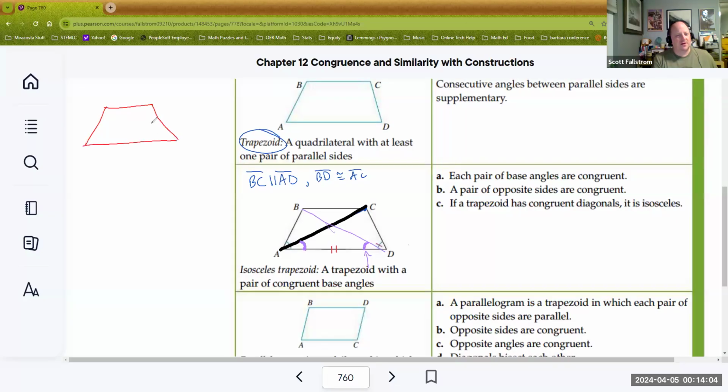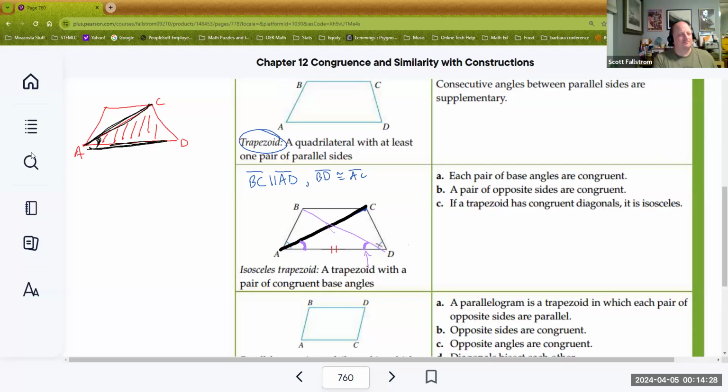One triangle looks like this one, and it's CAD. And notice I have this length right here, this angle down here, and then this length at the bottom.